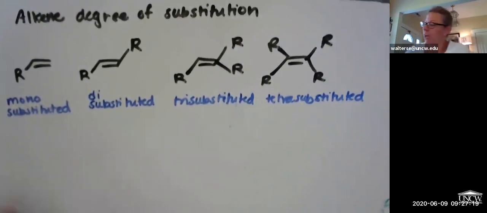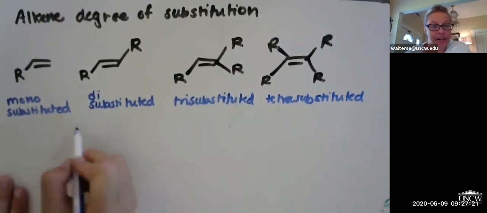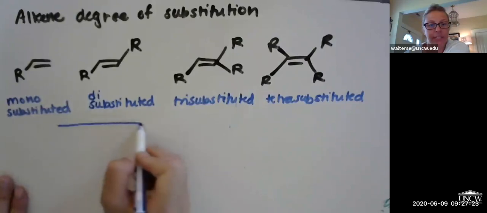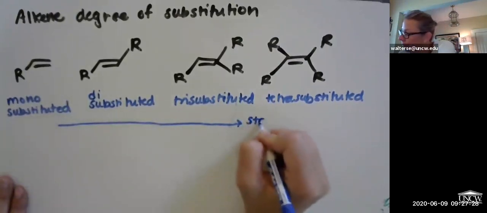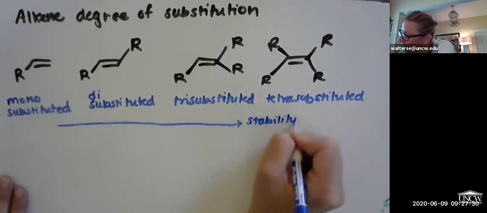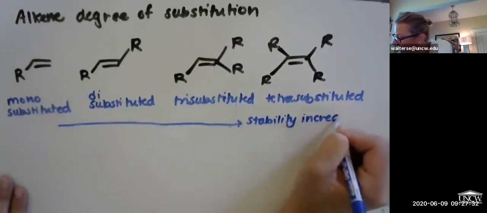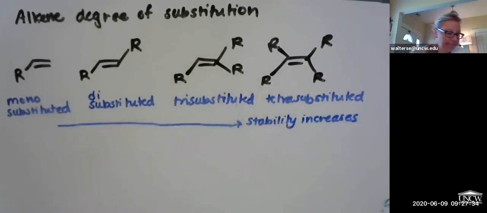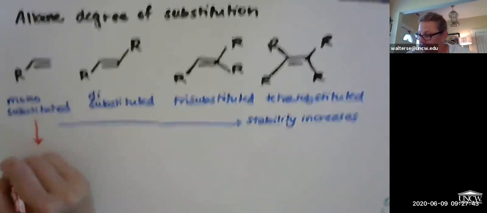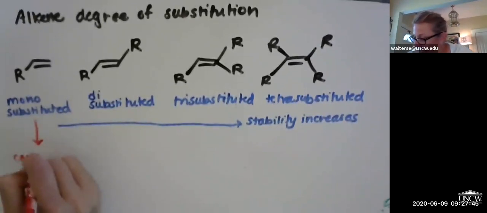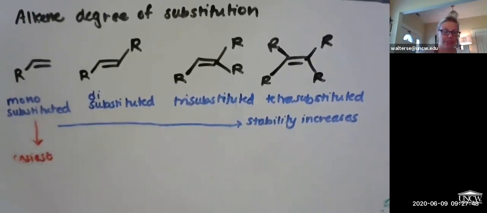In terms of stability, stability of alkenes increases in this direction. Now, in terms of naming, monosubstituted, these are the easiest to name, and you just use the rules that we looked at on the last slide.